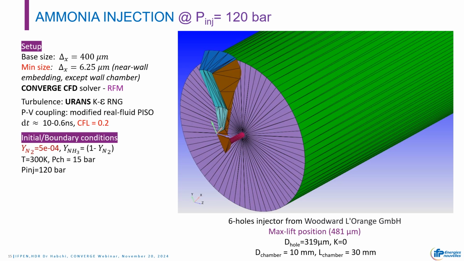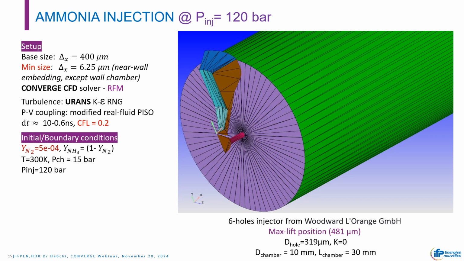So there are also the initial and boundary conditions. As we talked about the dissolved gas in the liquid ammonia, here it is taken very small but significant, 5 10 minus 4, which corresponds to the dissolved gas in the reservoir of a car, for example, at 1 bar.